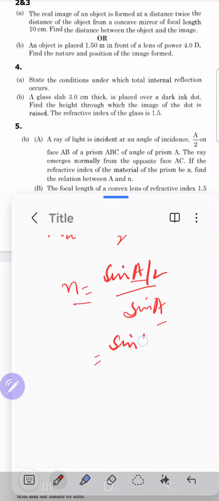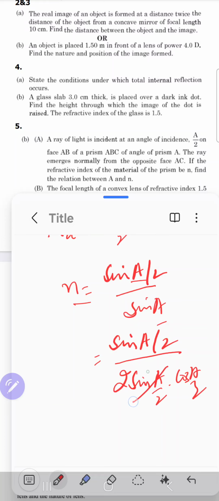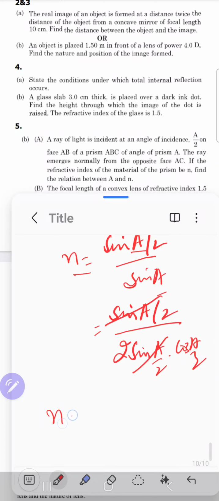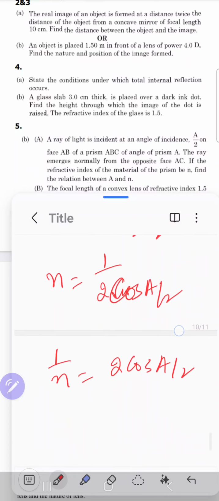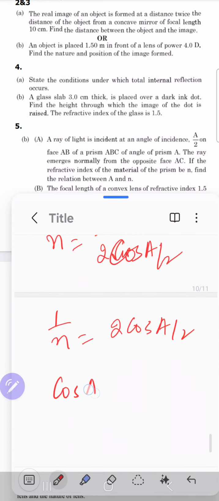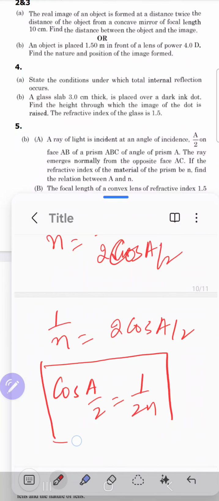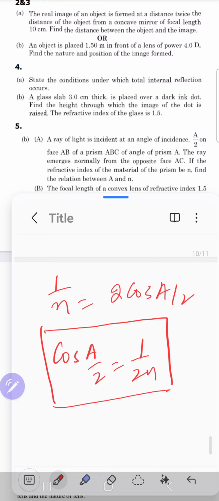If you simplify this, sine A is 2 sine A by 2 cos A by 2, and sine A by 2 gets cancelled. So n is 1 over 2 cos A by 2, or 1 over n is equal to 2 cos A by 2, or cos A by 2 is 1 by 2n. This can be the relation between n and A as per the given condition.